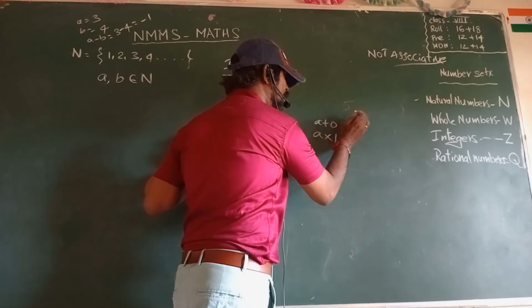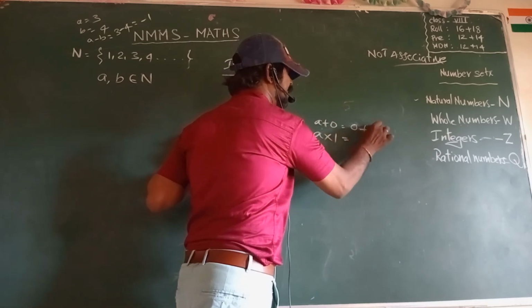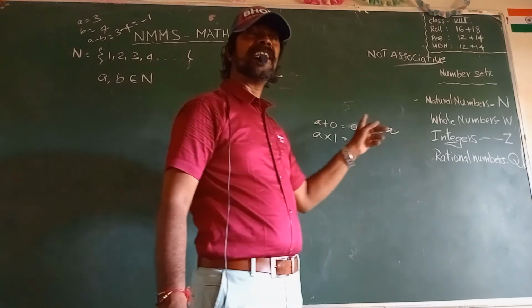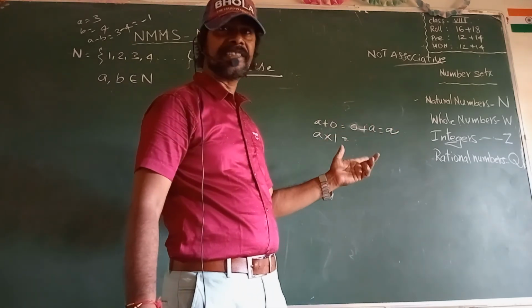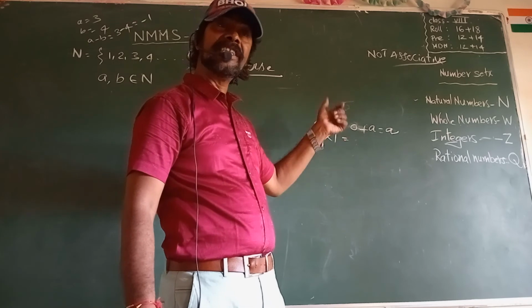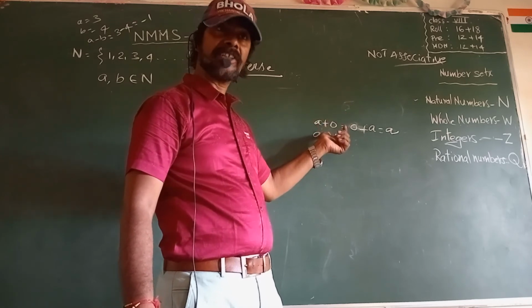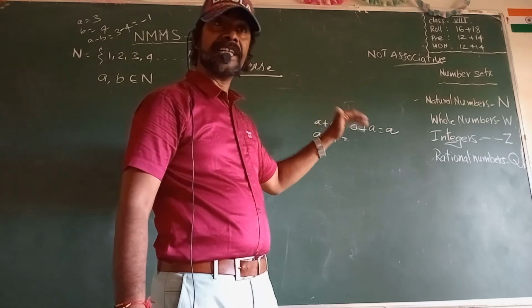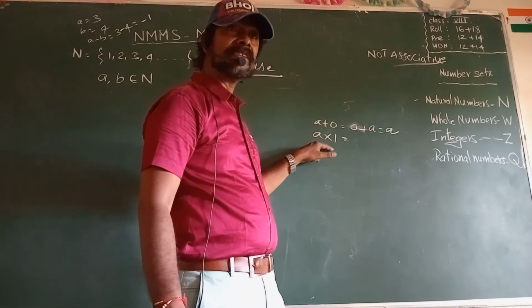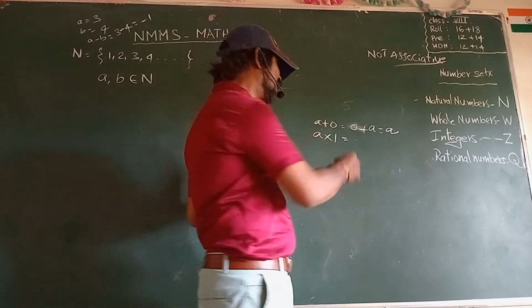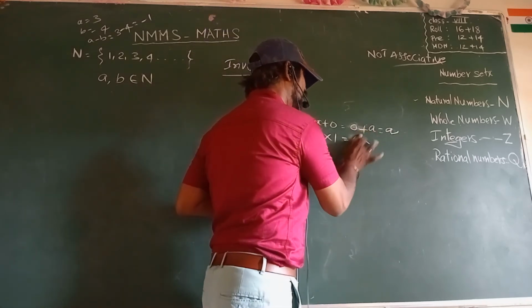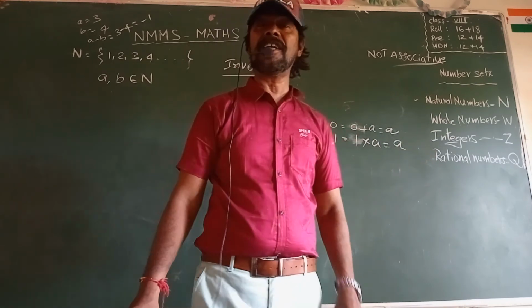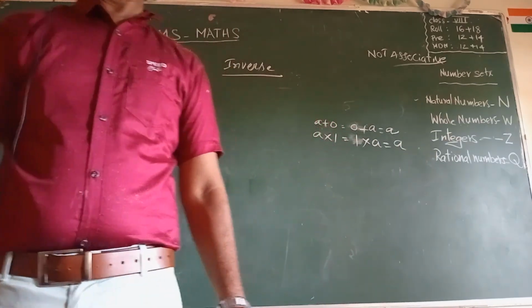A plus 0 is equal to 0 plus A is equal to A. If you are getting the same number like that, then it is the identity under addition for that set. But here 0 does not belong to natural numbers, so it is not the additive identity. If you multiply by 1, you get A into 1, 1 into A is equal to A. So 1 is called the multiplicative identity.